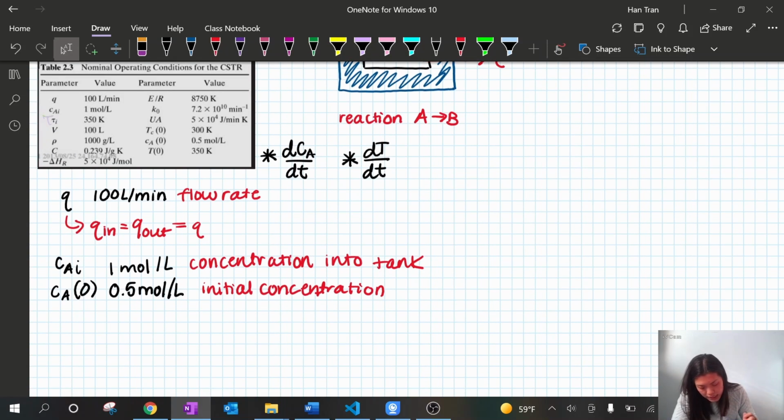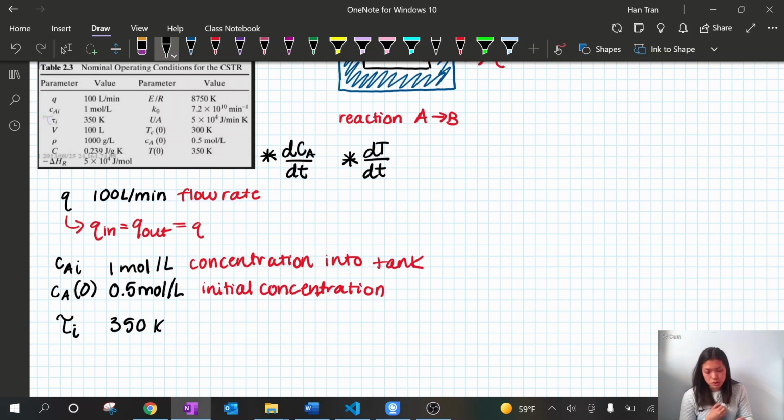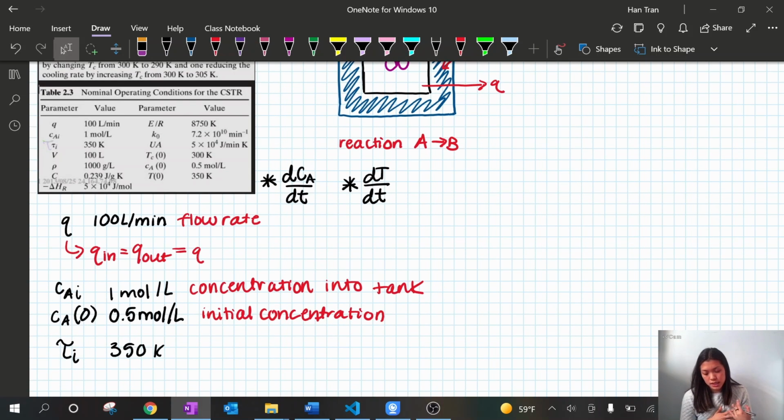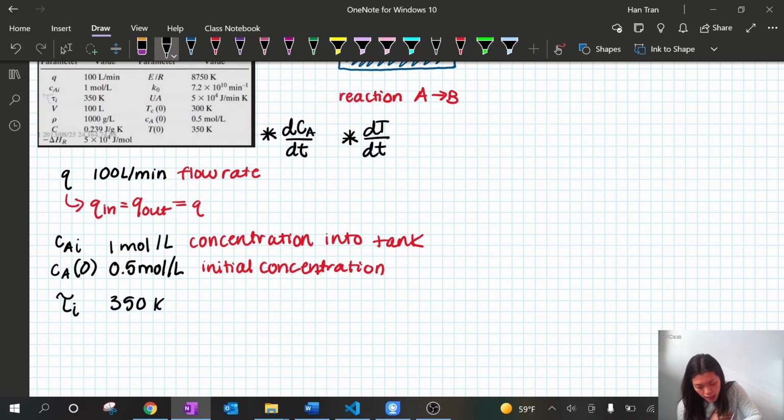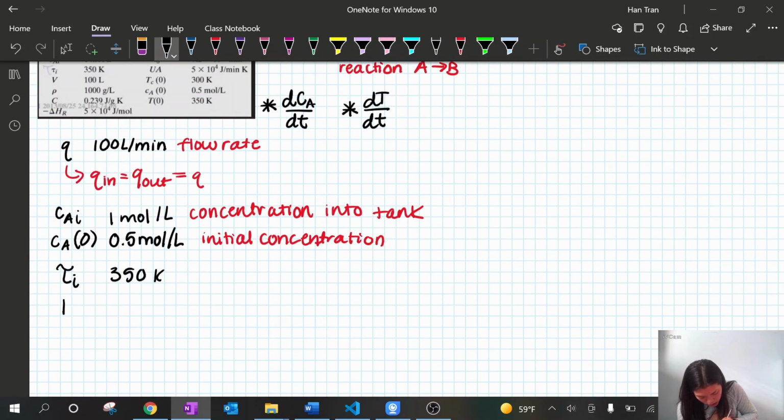Now we are given a T I, and it is in Kelvin, so we can assume that this T I, that is 350 Kelvin, is a temperature. Now, is it the initial temperature or the temperature of what is going into the tank? We also have on the right over here more Kelvin units that are also temperatures, so we have TC of 0 and T0.